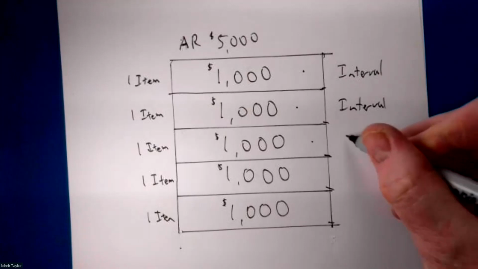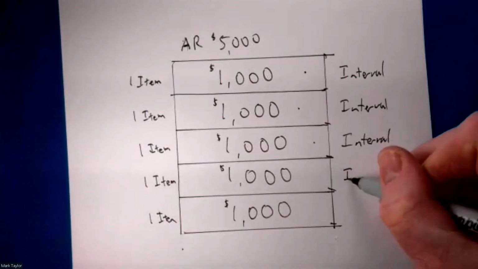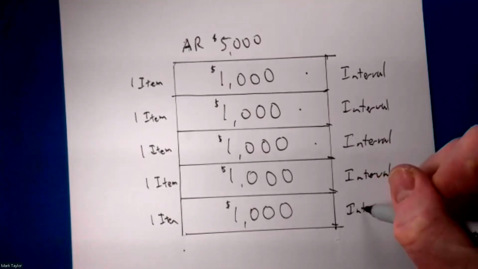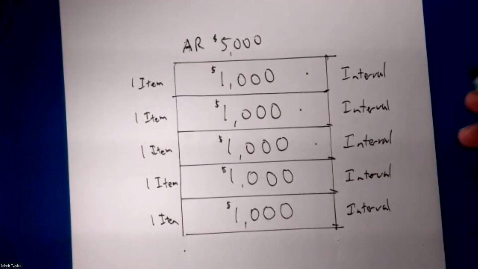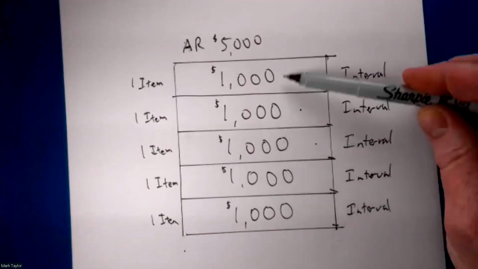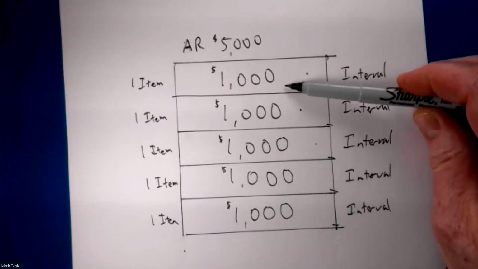I guess I don't need to write all this. I'll finish it off. So we broke it off into these 5 chunks that we call intervals of $1,000 each.